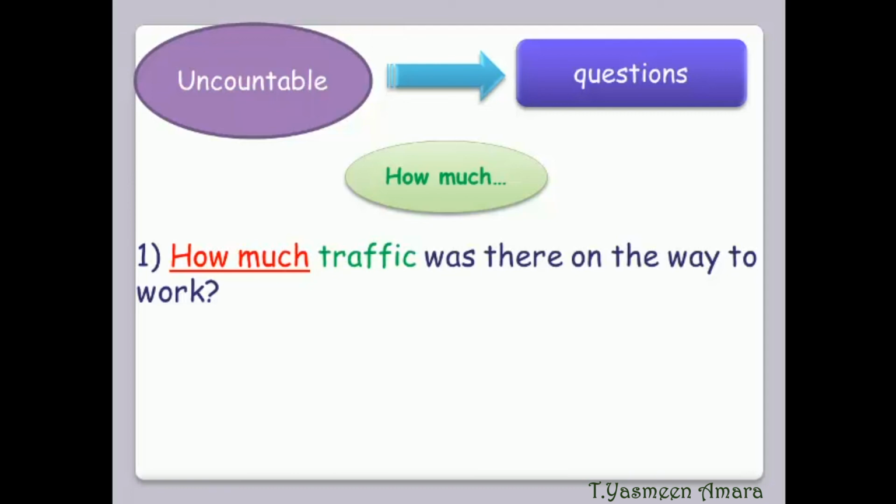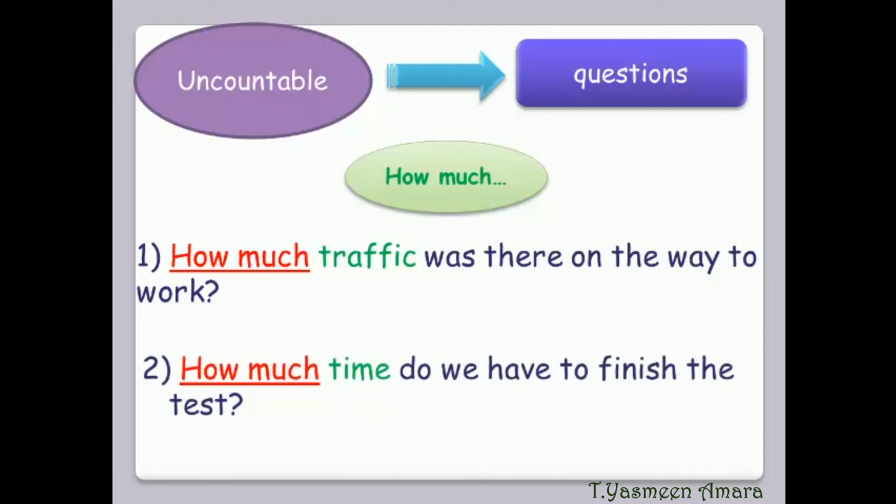How much traffic? Traffic is an uncountable noun. We use how much with uncountable nouns. Number 2. How much time do we have to finish the test? Time is an uncountable noun, and we should use how much to ask about uncountable nouns. Let's continue.